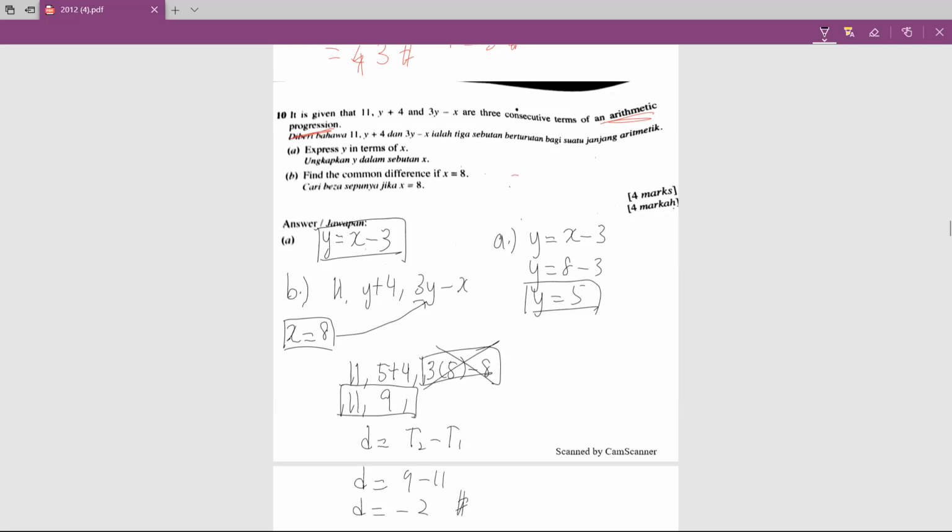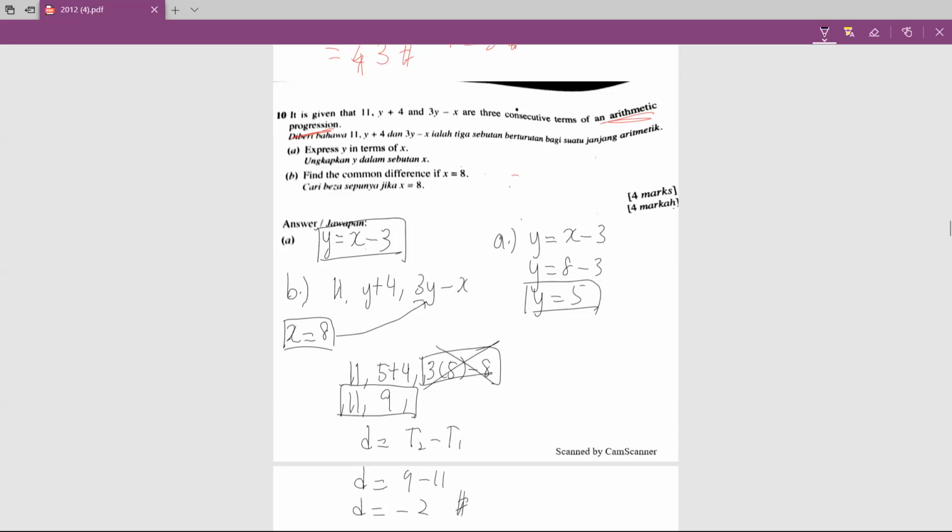Even though tak diberikan part A, dia akan tahu macam mana nak cari y. Tapi, lembaga baik, dia nak tolong kamu. So, when they want to help you, they give you part A, part B. So, part A, they give you something a bit difficult, just so that you can apply in part B to get the full marks. Okay, that's all.